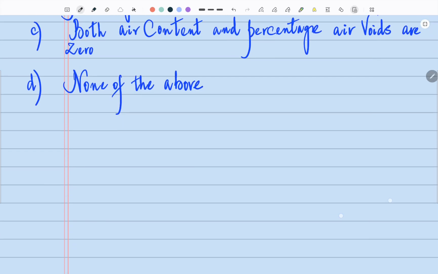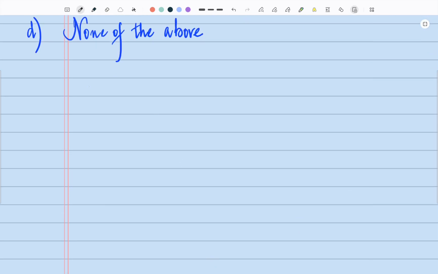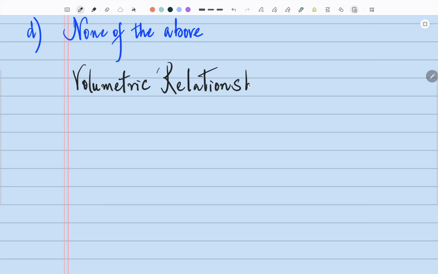These are also very important volumetric relationships in case of a soil mass. Let me write it down here first. There are 5 very important volumetric relationships in a soil mass.